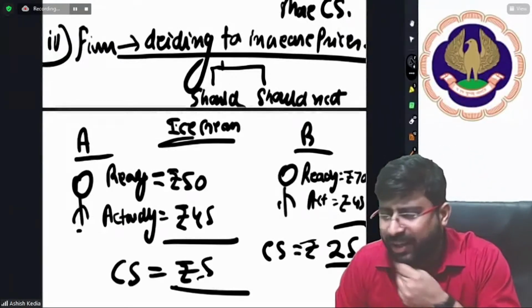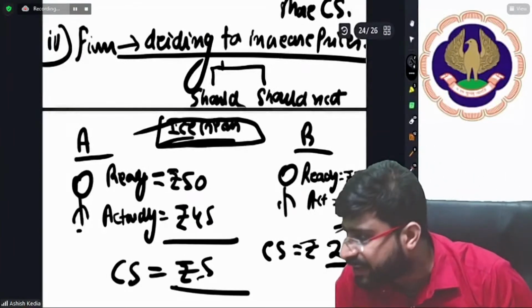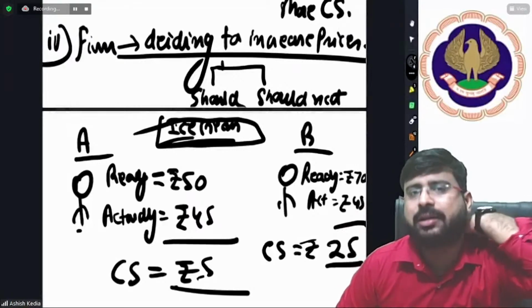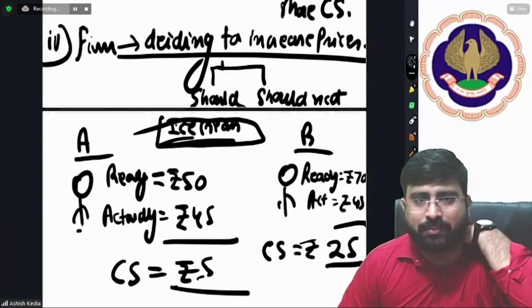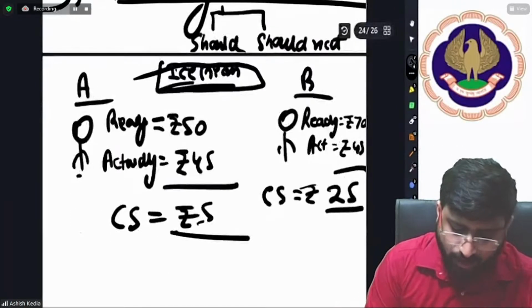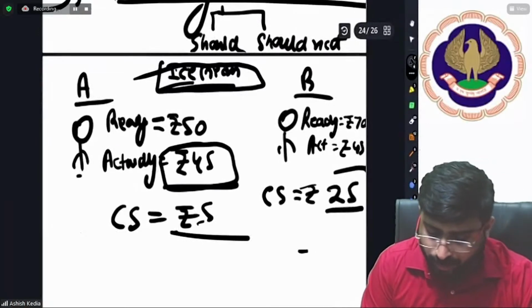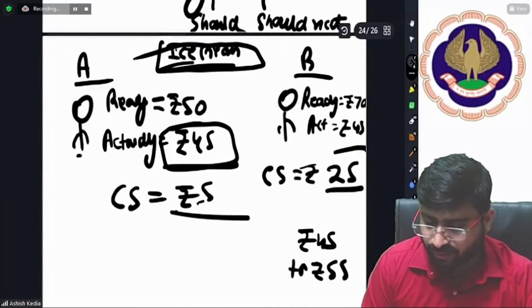So sir, what next? Now suppose this ice cream company is planning to increase the price of its ice cream from the existing price of rupees 45 to rupees 55.